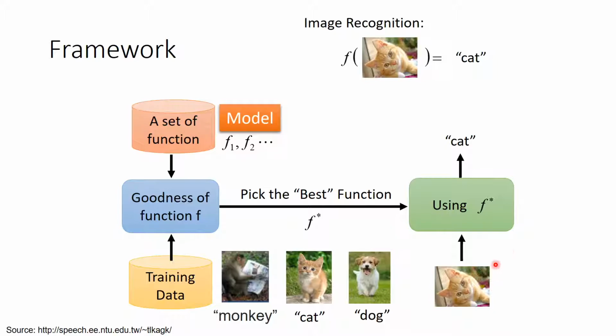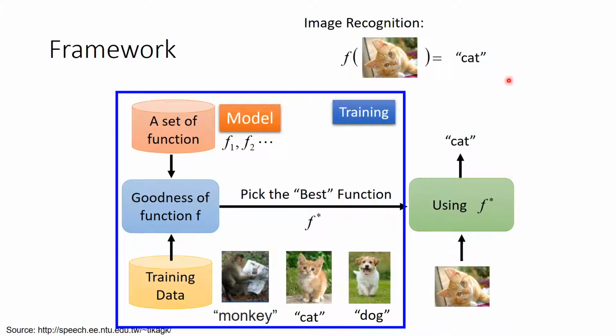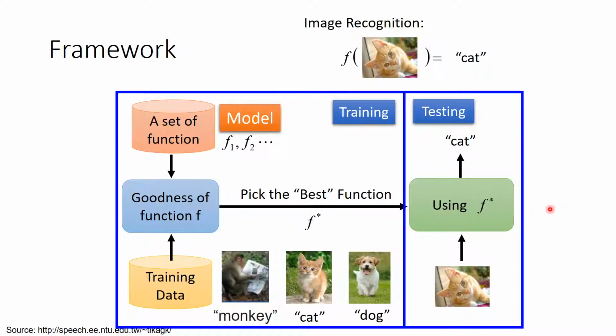Otherwise, we go back to choose a good function again, or increase our training data and do more training to get a better function. This part we call the training part, and this is the testing part. And this is the framework for image recognition.